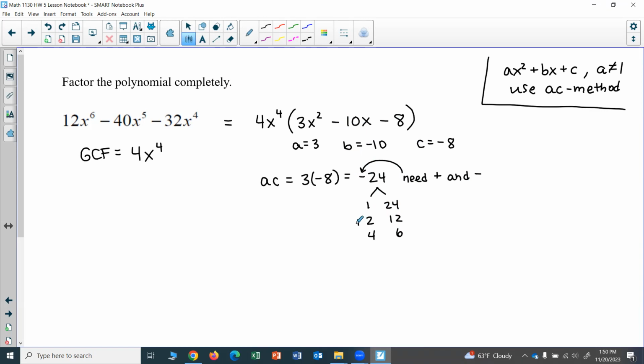So for example, if I had plus 2 and minus 12, these multiply to be a negative 24, and they add to be a negative 10.